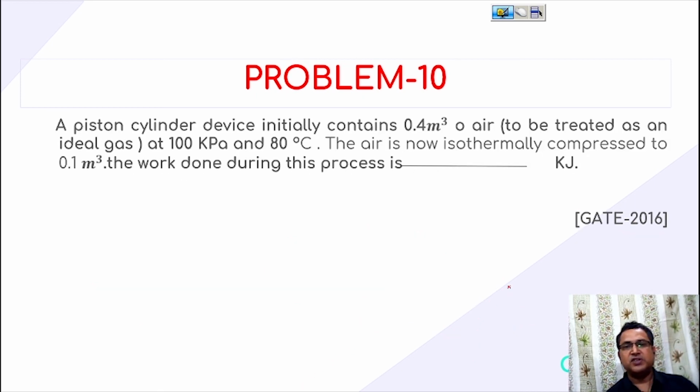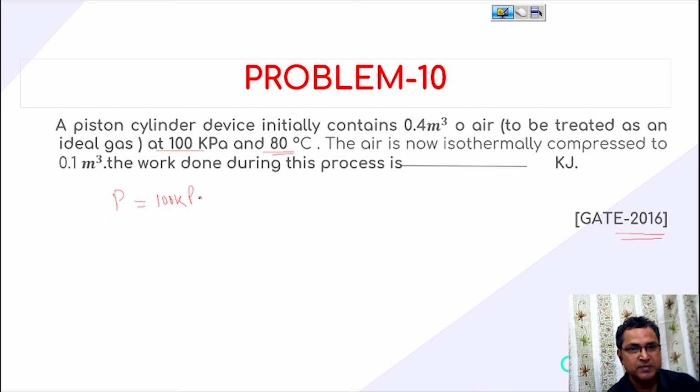Now the next question, again asked in the GATE examination. A piston cylinder device initially contains 0.4 meter cube of air, to be treated as an ideal gas, at 100 kilopascal initial pressure and 80 degree centigrade.